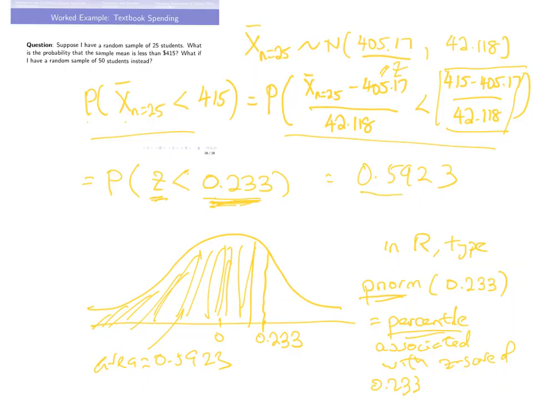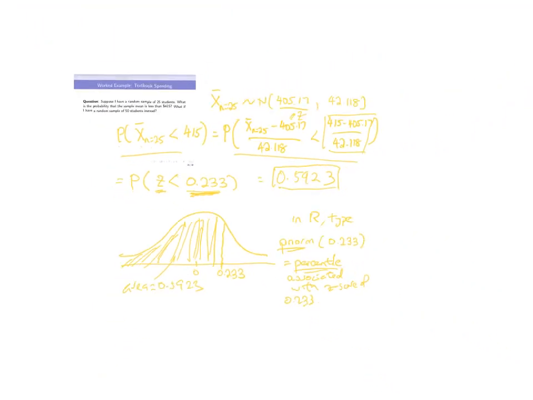So it's basically saying the probability of having a sample mean with size 25 of less than $415 is about 59%. That's this particular part. The next part of the question asks, what happens if you have a sample of size 50? The calculations are still pretty much the same.